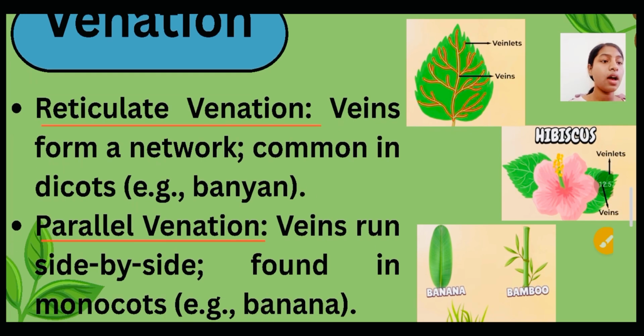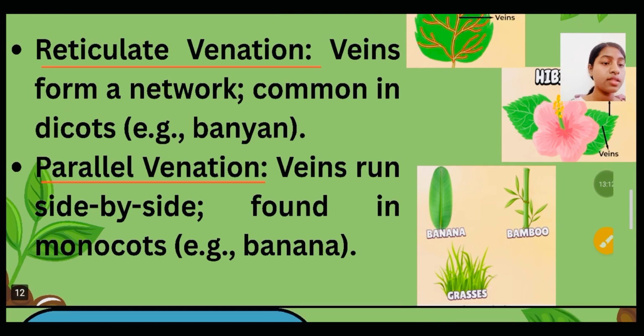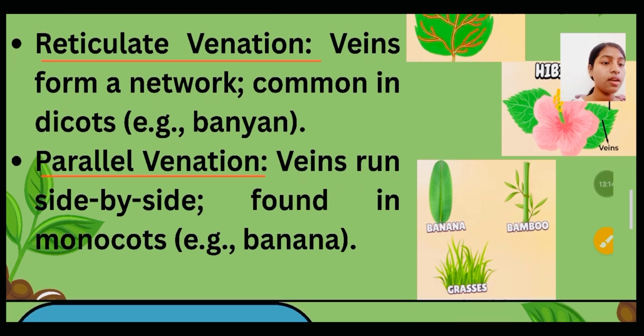Here the leaves are what? Reticulate. Parallel venation, veins run side by side, found in monocots like banana. Examples of parallel venation are banana, bamboo, grasses.